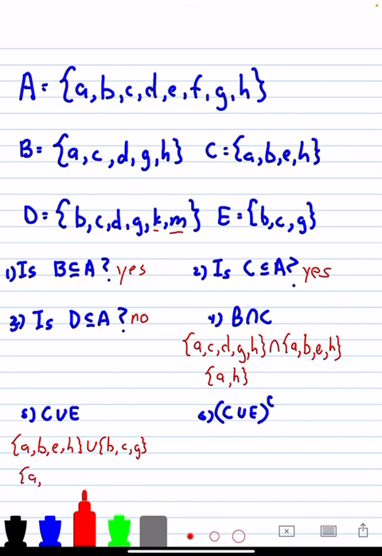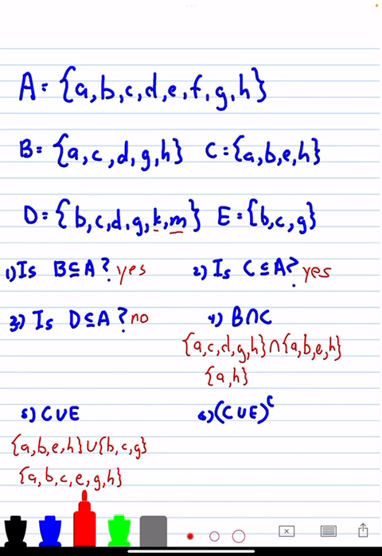We have A, B, C, E, G, and H. Of course, both have B, so we don't have to count the B twice. So this is how we do the union.